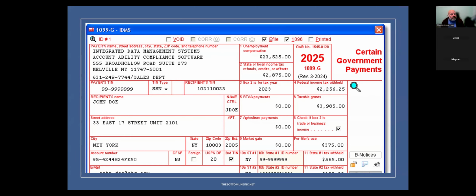But you can see in box 1 is our unemployment compensation. So you can collect unemployment comp. You have to work so many weeks prior to being laid off. During COVID, a lot of people collected unemployment. People who didn't normally collect unemployment received unemployment compensation. So it is a taxable benefit. And it's for people to hold them over from a time of being employed to a time of not being employed.